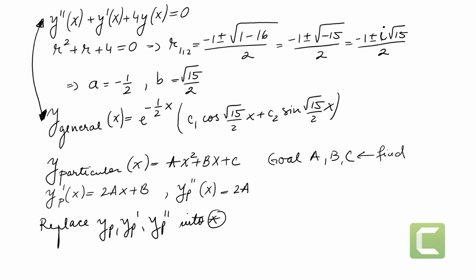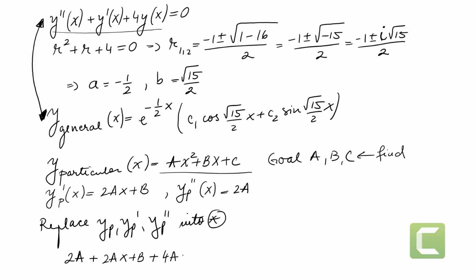So what do we get? Well, y double prime is 2a, plus y prime is 2ax plus b, and then y is ax squared plus bx plus c, but in our equation it's times 4.